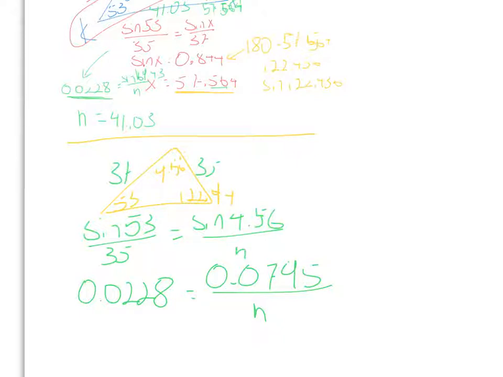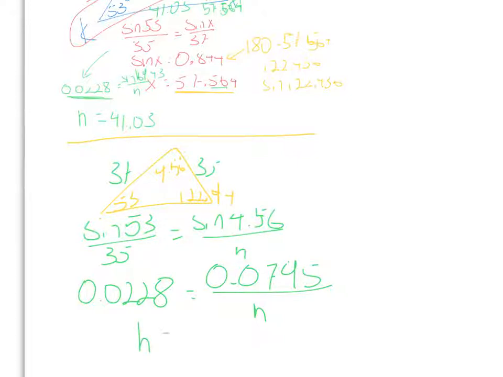If I multiply both sides by h and divide by that 0.0228, so it's going to be 0.0795 divided by 0.0228.